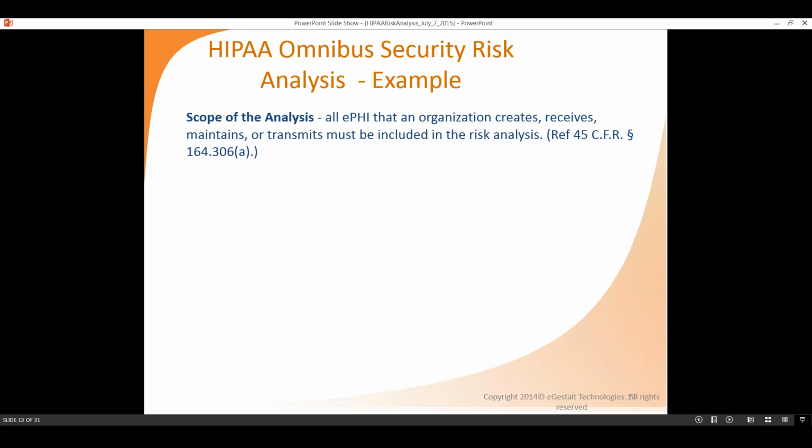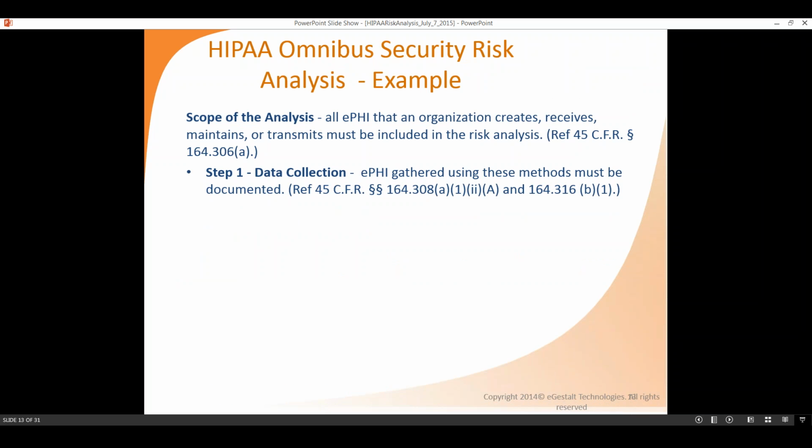So let's dive right into it a bit more. I talked about security risk analysis. I talked about the requirement from HIPAA with respect to what needs to be done for risk analysis. And so now we're going one layer below to understand what HIPAA security risk analysis entails. So the first step is to gather all the critical assets.